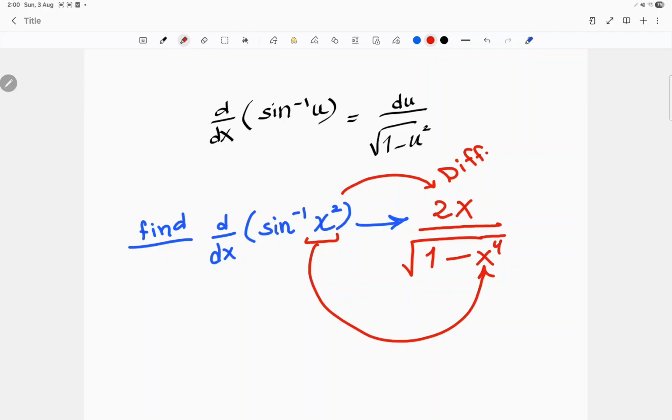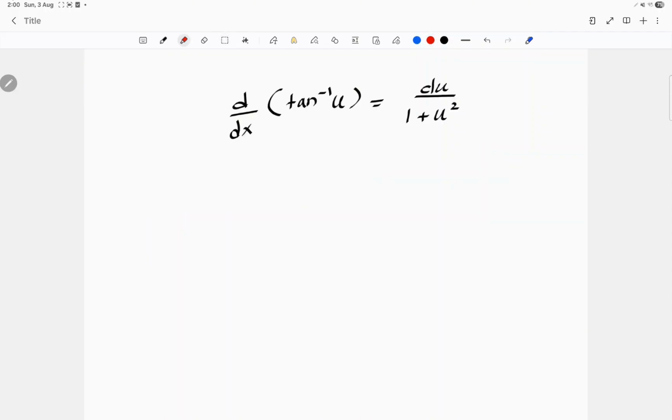Let's do another one. Here we have the rule for the derivative of the inverse tan. I say inverse because -1 means inverse power. Let's find d over dx of the inverse tan of 5x. Five x upon differentiation becomes 5.